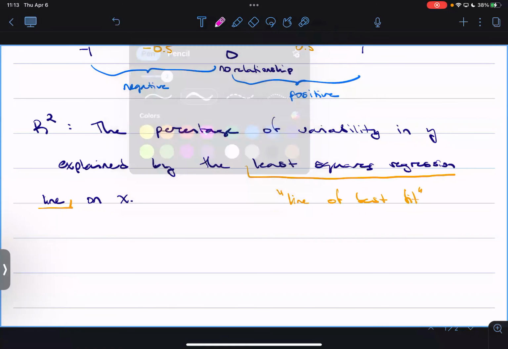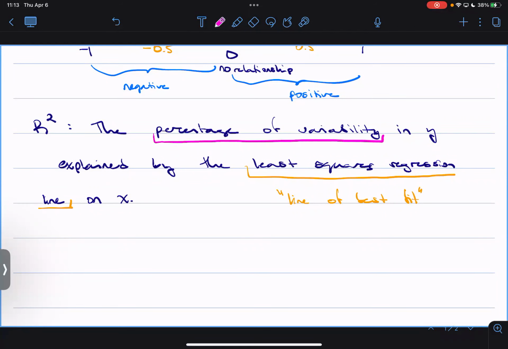What I usually tell my students, which is you now, is when you see something like percentage of variability or proportion, right? A percentage is a proportion, or fraction. Those are all synonyms of percentage.